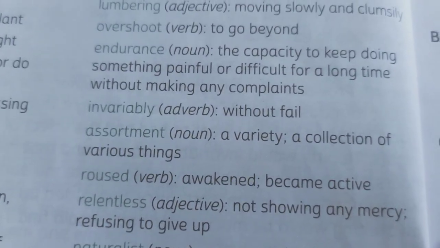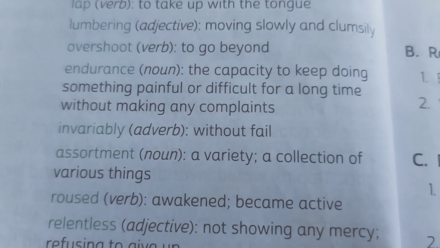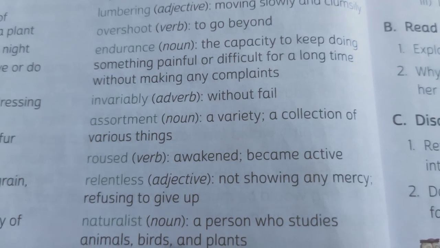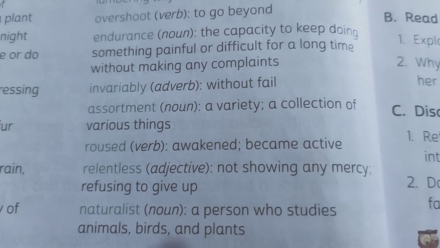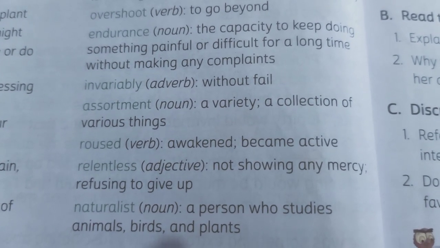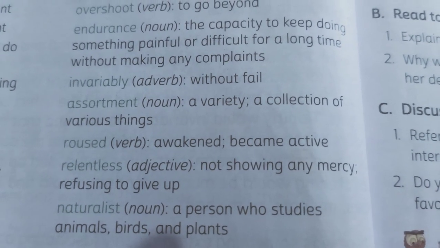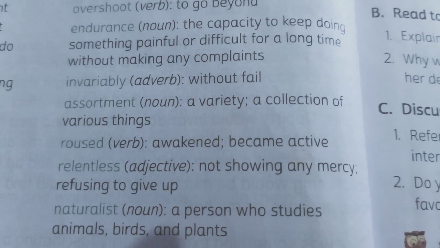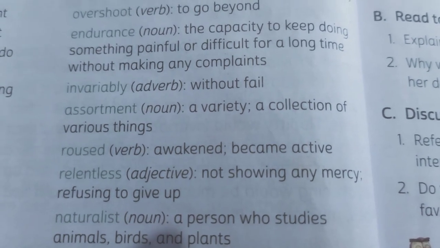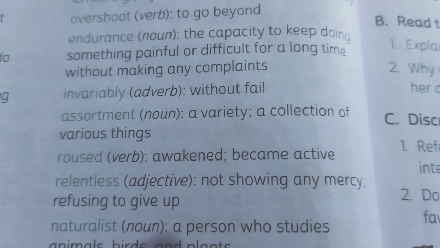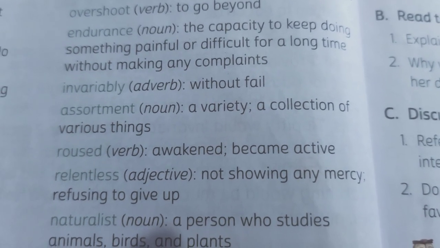Next is invariably, which means without fail. Next is assortment, a variety, a collection of various things. If we are collecting a lot of things somewhere, that is known as an assortment.